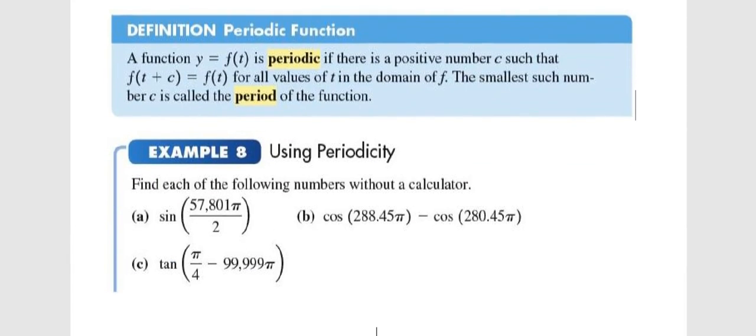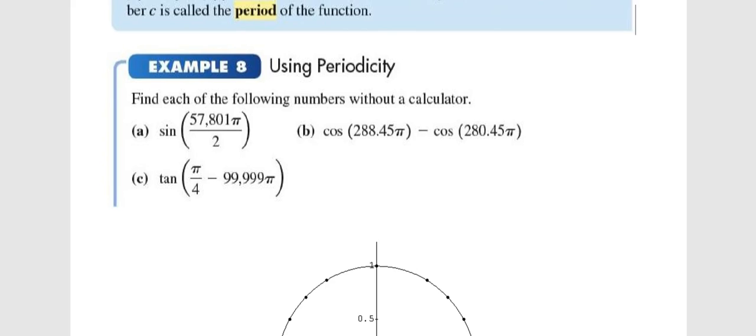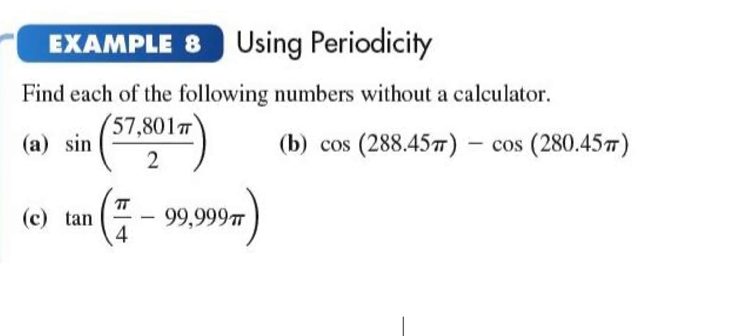Okay, now this is not a theorem you have to memorize. What they're getting at with this particular example is, it doesn't matter how many times you go around the circle, it matters where you land. Okay?